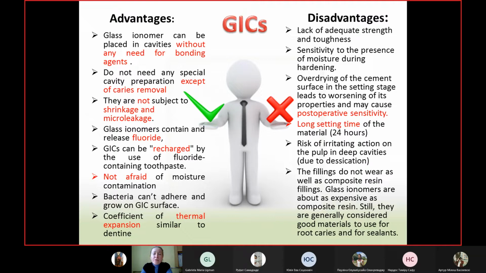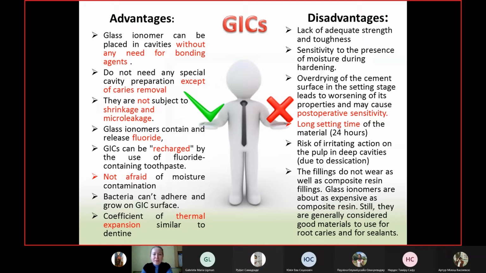Moreover, this material has not such good adhesive properties as light curing composite, but still retention is good due to this ion exchange mechanism of retention.